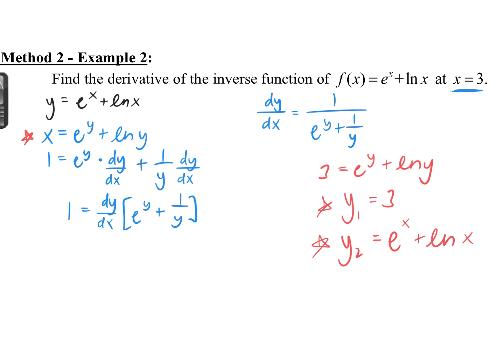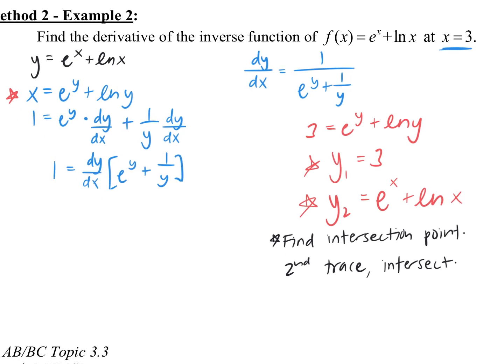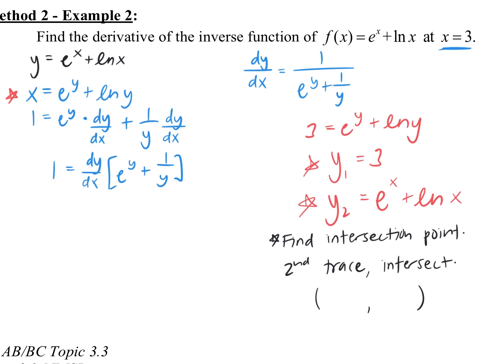So you want to find the intersection point. You hit second trace, and then option 5 is intersect. Okay, so figure out what is your coordinate point for the solution.